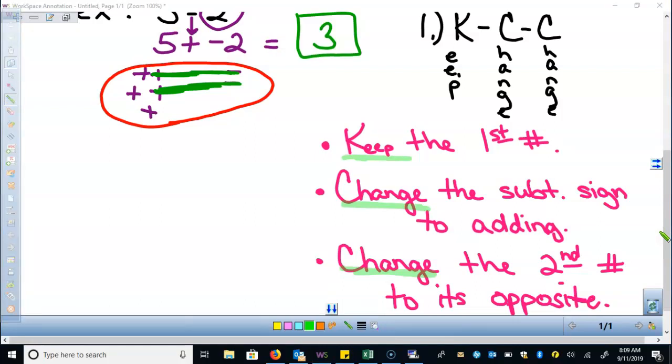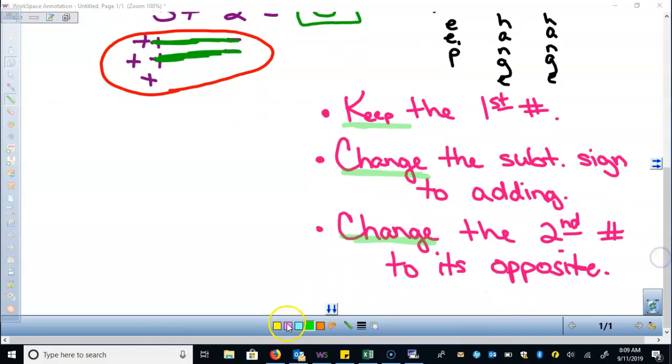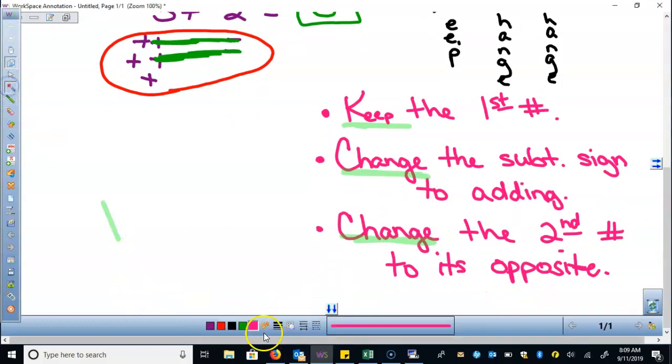After that, what kind of problem do we have? We have an addition problem. And do we know how to add integers? Yes, we do. Okay. So from there, we simply just add them. We take what we got, add the integers. And that's it.